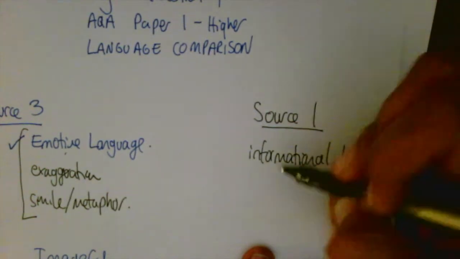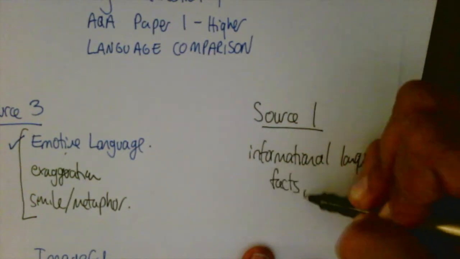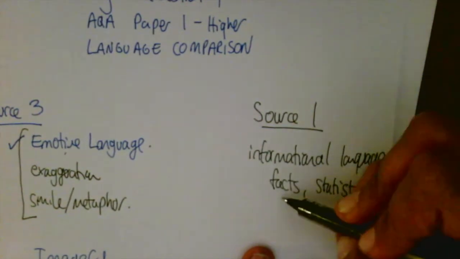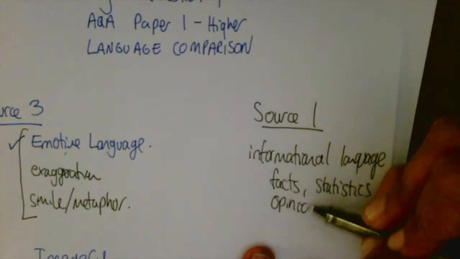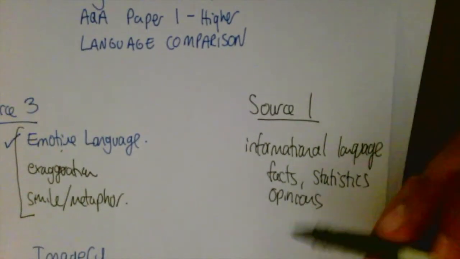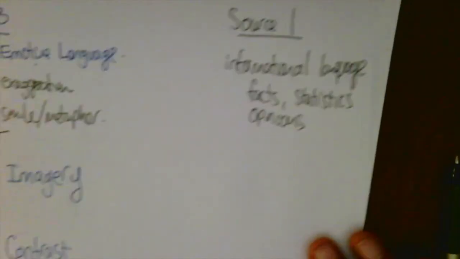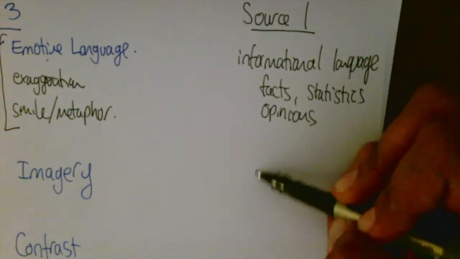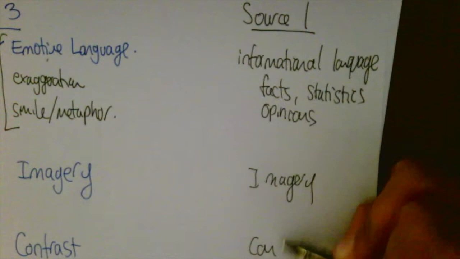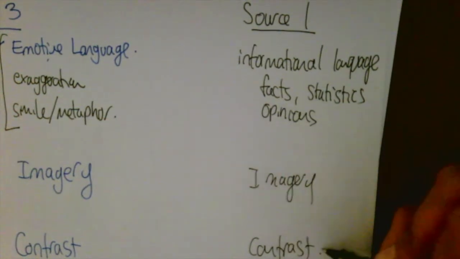So here we're probably going to see facts, statistics. We might get opinions of people. All of these are things we'll look for. In addition, of course, we will be looking for imagery and contrasts as well. Okay?